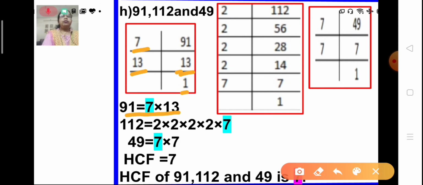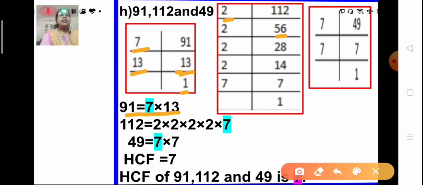Similarly, we do the prime factorization of 112. 112 is divisible by 2. 2 5s are 10 and 2 6s are 12. So it is 56.